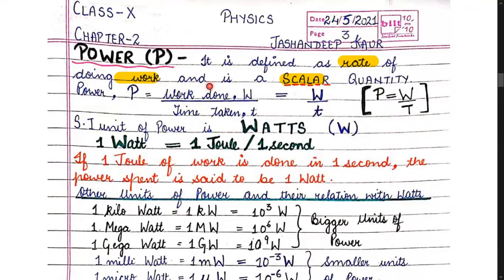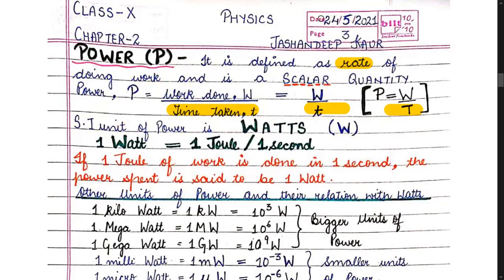Power will be represented as capital P, and as we have learned since class 8th, I have told you that the word rate means divided by time. So power is defined as rate of doing work, that is, work divided by time is known as power.